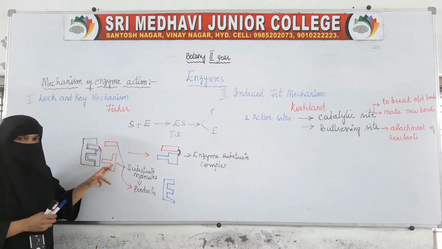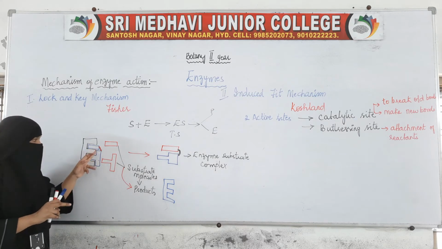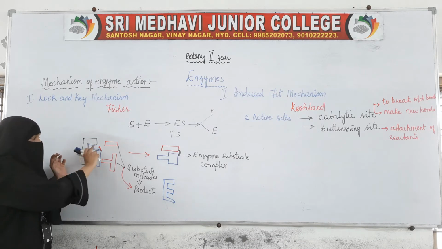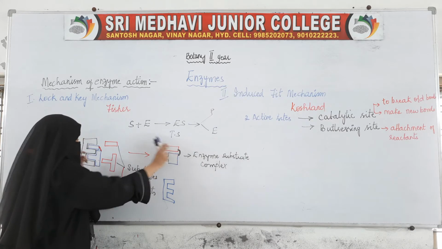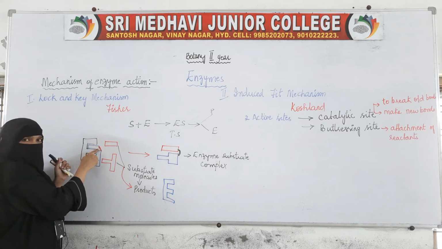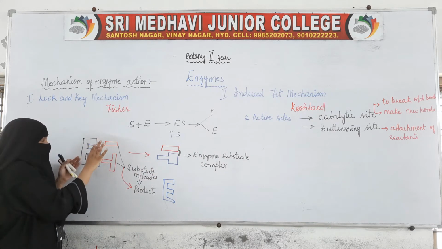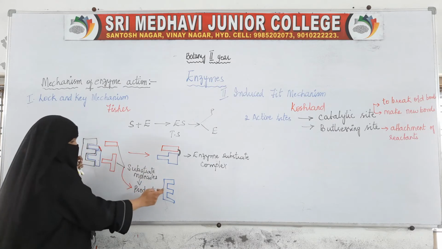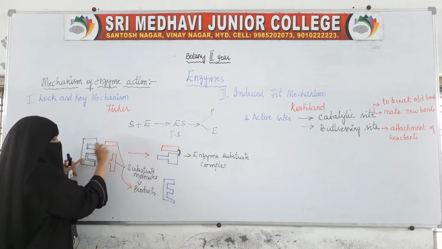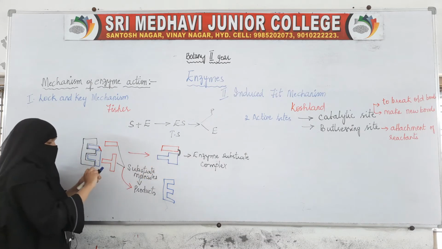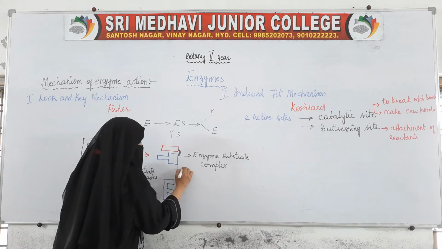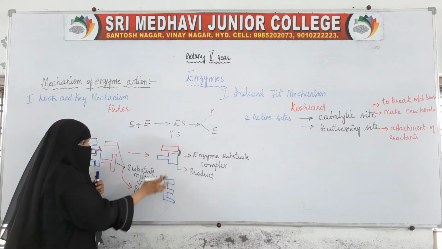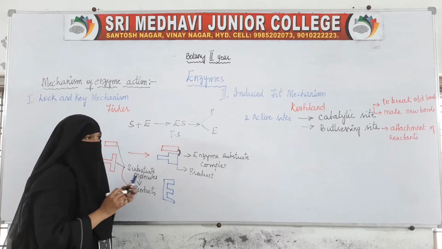The substrates were separate, they came and attached to the enzyme, forming this enzyme substrate complex. As soon as this complex is formed, the complex and the enzyme get separated. The enzyme is separated and we get the product. This is the separated product, the enzyme has been separated.